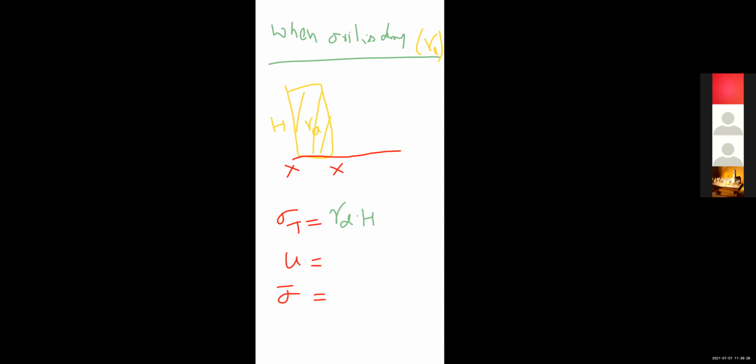If the condition is given that soil is in dry condition, that means in the pores, in the void, only air is present, water is not present. So if water is not present, that means pore water pressure is equal to 0. So what is the effective stress? Effective stress equals sigma T minus U. So the value of effective stress is the same as total stress, that is gamma d into h.